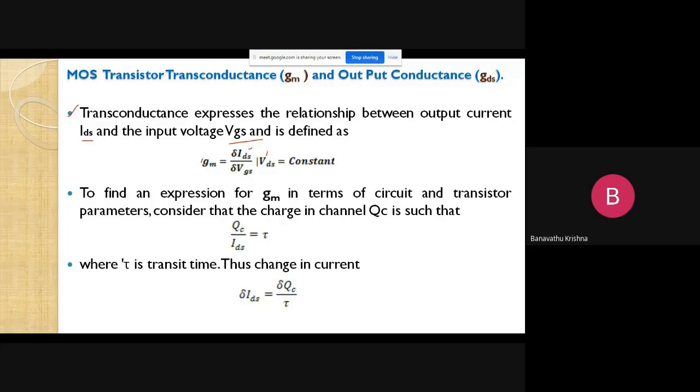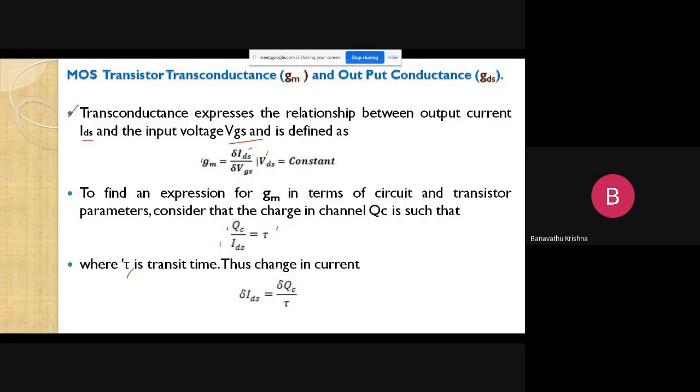So you know these parameters: charge, represented with QC, and drain to source current, that is IDS. Tau is nothing but the transition velocity or transition time, represented with tau.